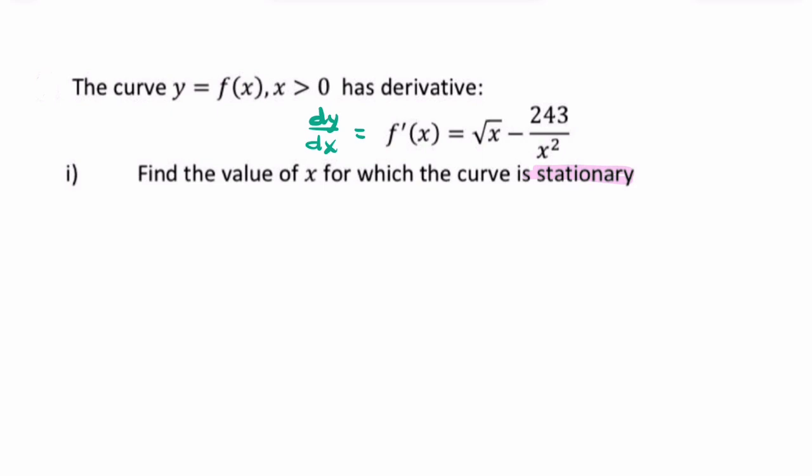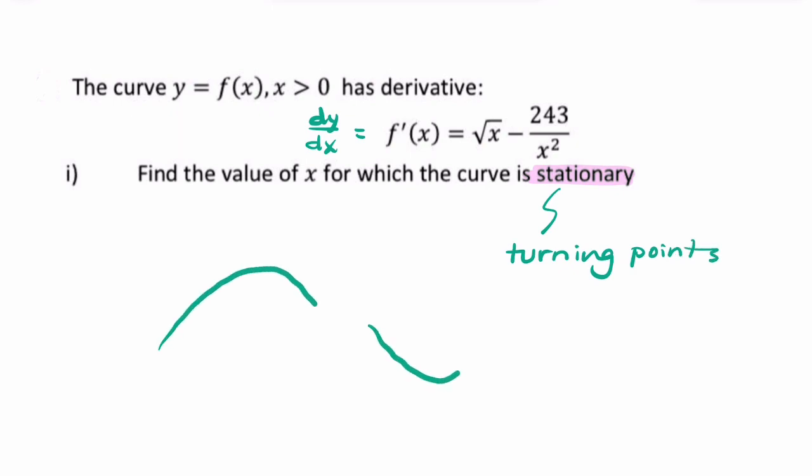Now, they're looking for stationary points. So these are also known as turning points. So these are points where the curve is either at a maximum or at a minimum, or possibly inflection points.